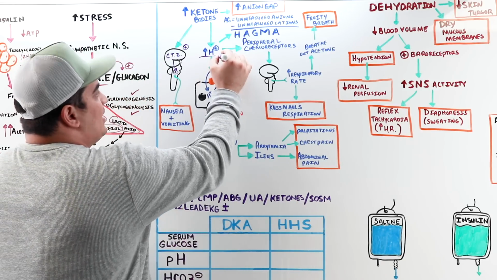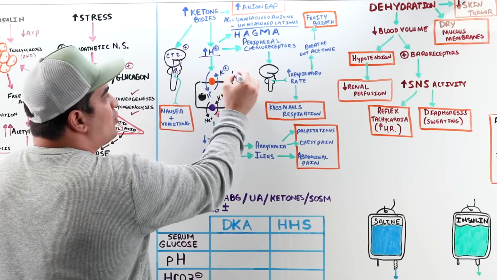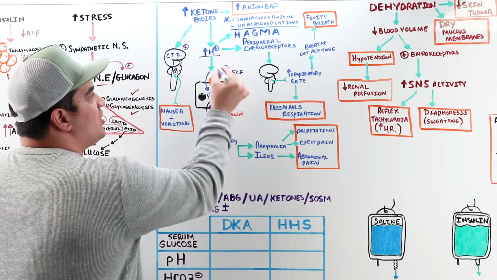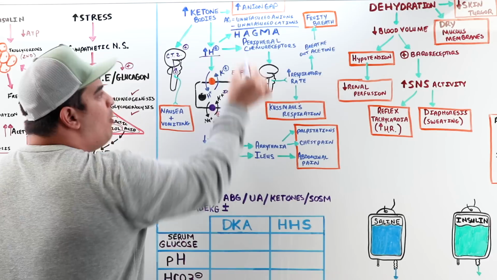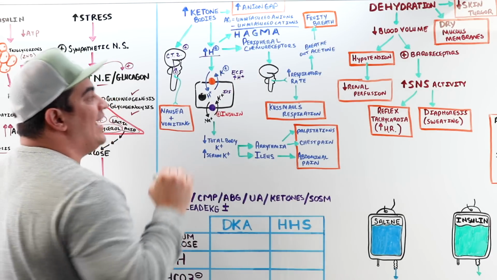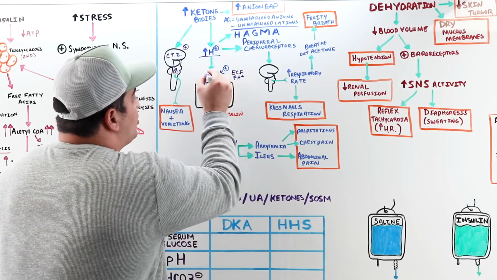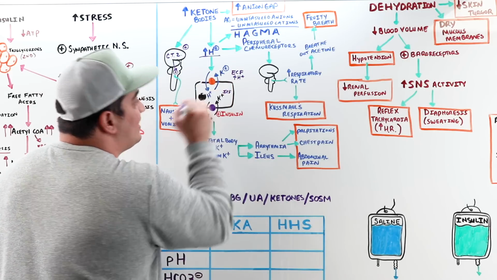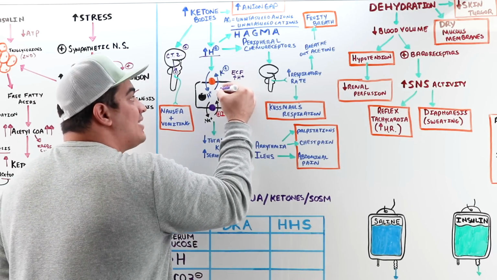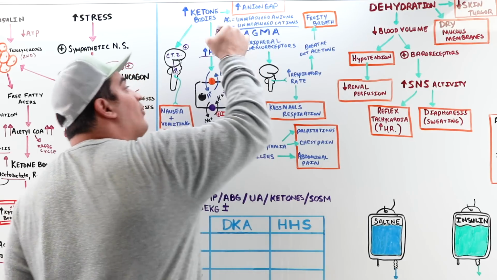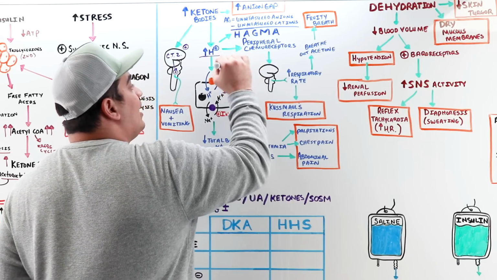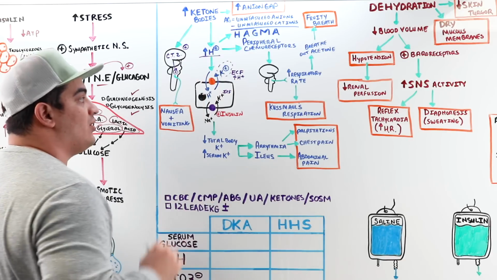Now, in acid states, whenever there's a high level of protons in the extracellular fluid, and here we have a cell and its intracellular fluid, the protons want to move because they're in such high concentration in the extracellular fluid, so they move into the intracellular fluid. But in response to that, our body takes potassium and pushes potassium out for every proton that comes in. So now potassium is going to start accumulating in the extracellular fluid because of the acidosis.